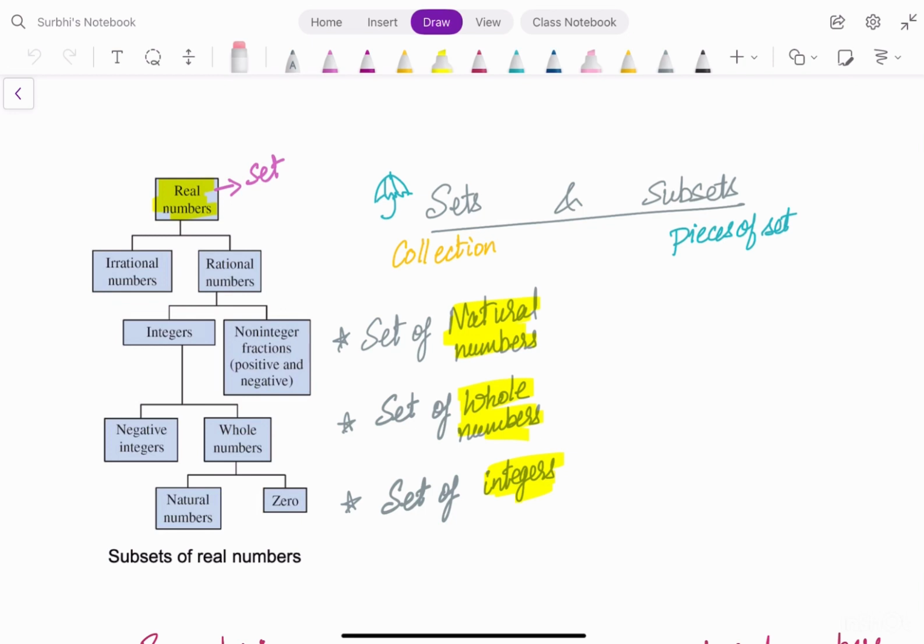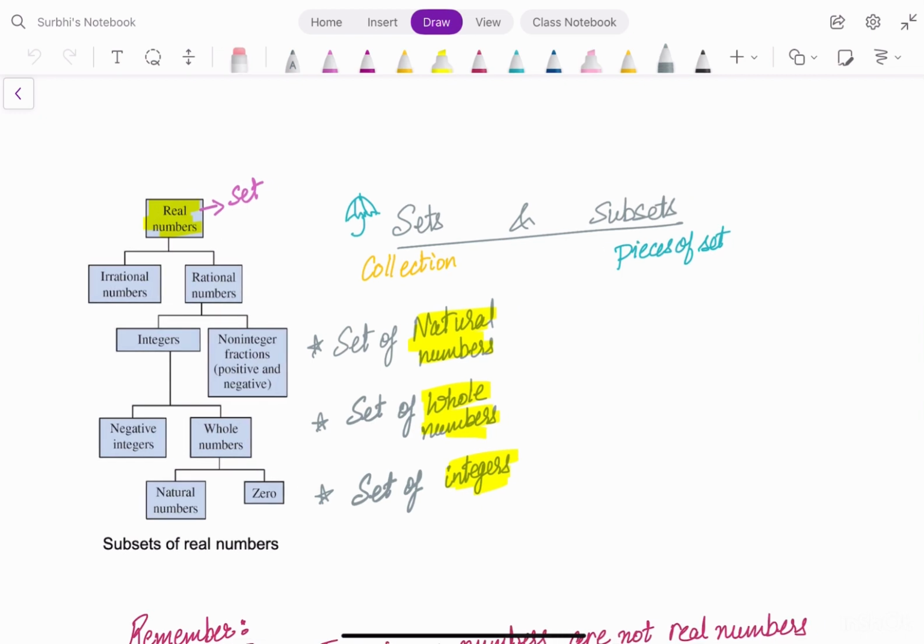So we can write this in a more mathematical way, using the notation N for natural numbers, and a rational number is nothing but p over q. That means anything in fraction form, provided that the denominator should not be equal to 0.